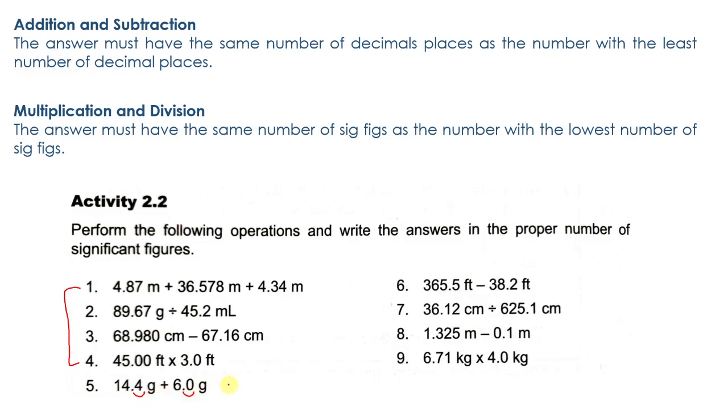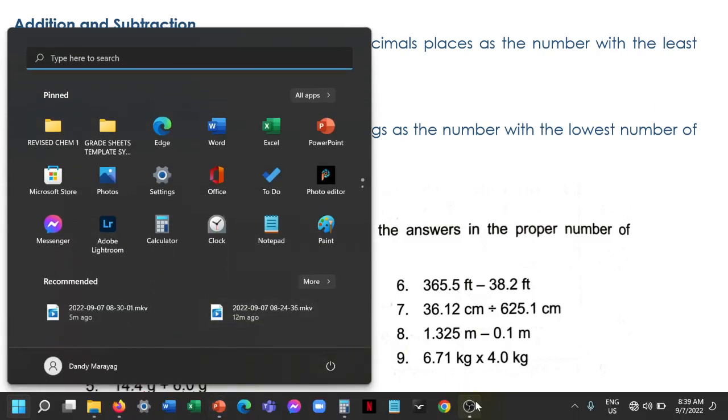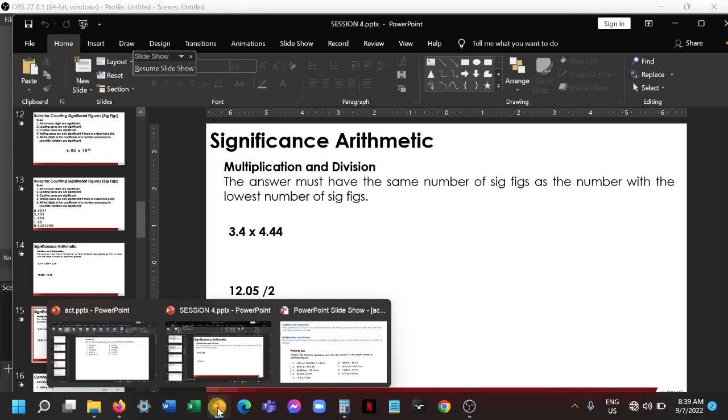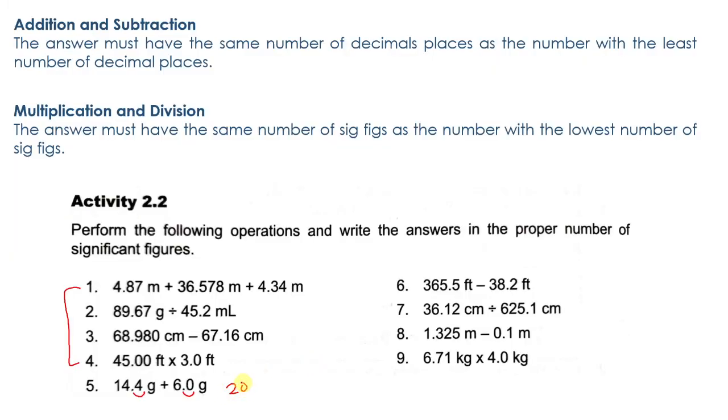So the answer must also be rounded to have one decimal place, and we have 20.4. So it's very easy. Again, that's the basis here. The answer must have the same number of decimal places as the number with the least number of decimal places. In this case, since the numbers have the same decimal places, the answer is very easy.